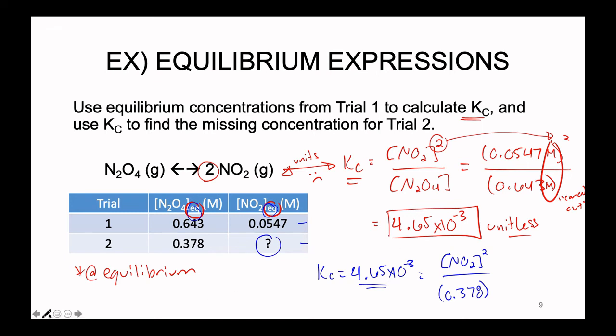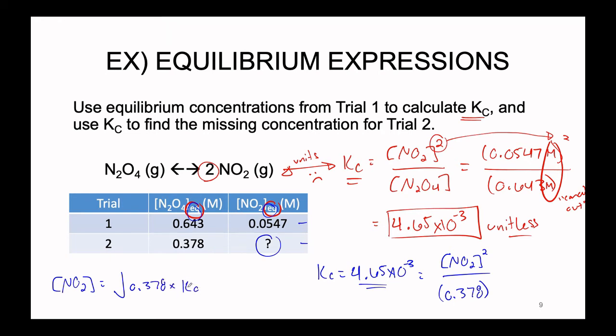So the way that we can mathematically do this, let's get rid of this, because we are going to be working with square roots, cubed roots, all types of roots. The way to rearrange and solve for this Kc then is going to be concentration of NO2 is going to be equal to the square root of the concentration of the N2O4, that's 0.378, times the value of our Kc.